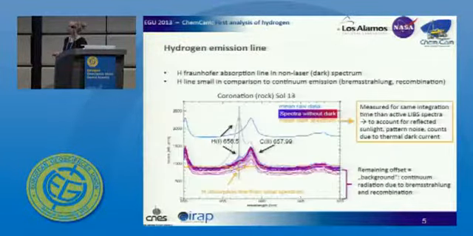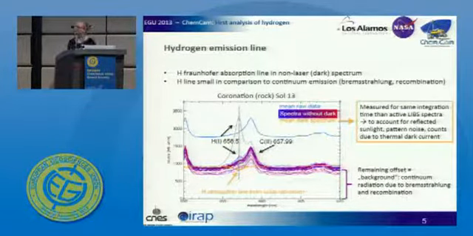This is a little bit about data processing, which is very important for the hydrogen line because of 2 reasons. First, we are measuring something which is called a dark spectrum, which is integrated for the same time as the active LIBS spectrum, but without the laser. And we do this to account for the reflected sunlight, the pattern noise, and the counts due to the thermal dark current.